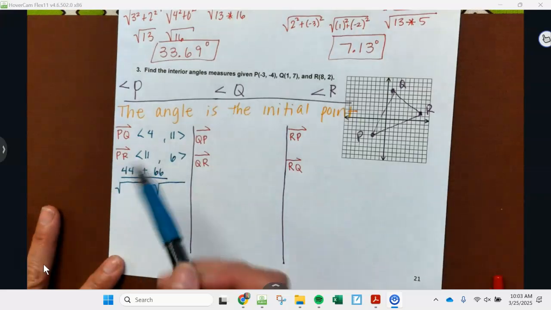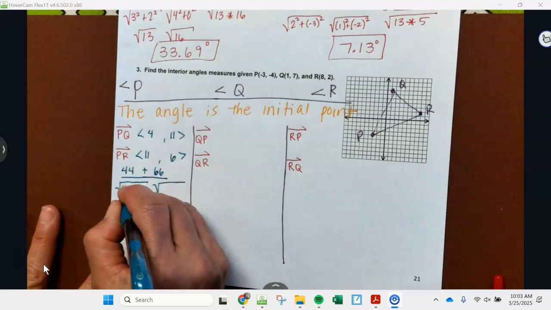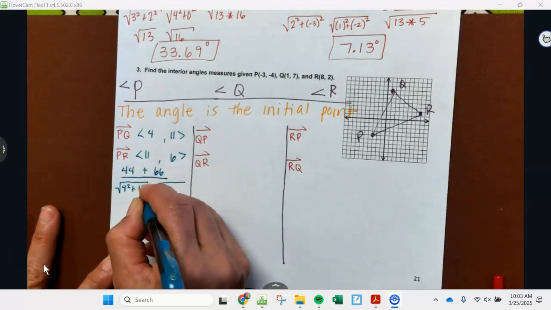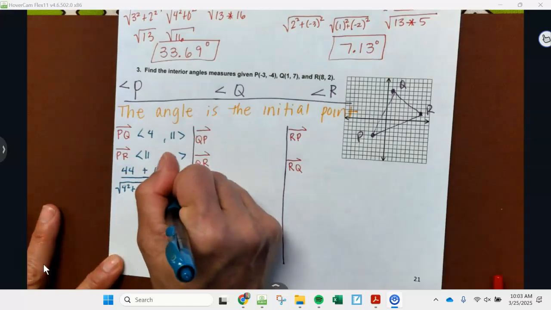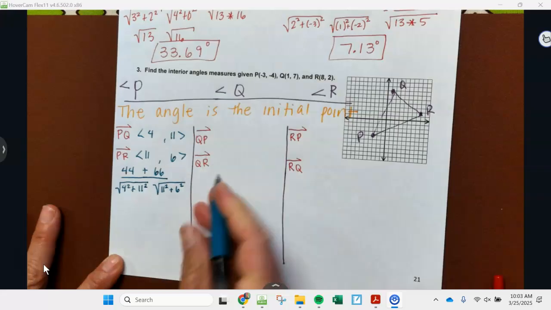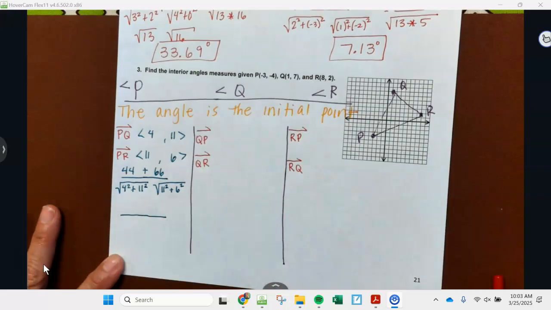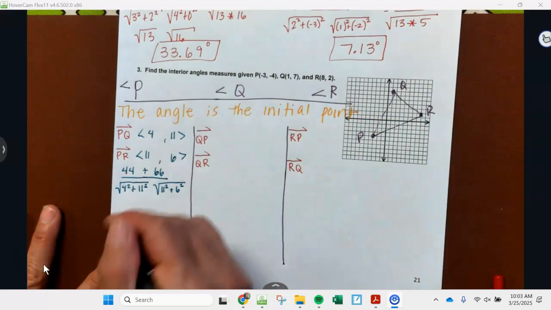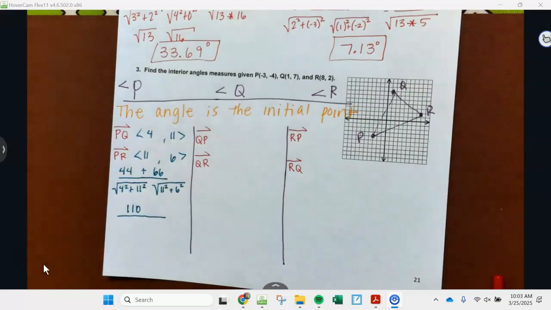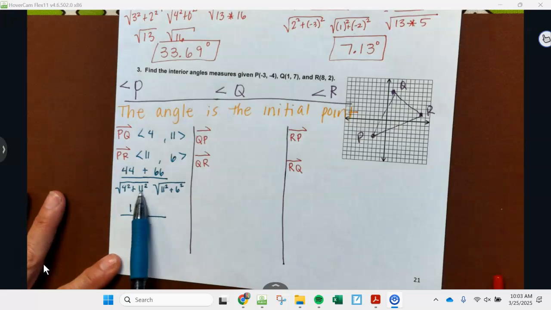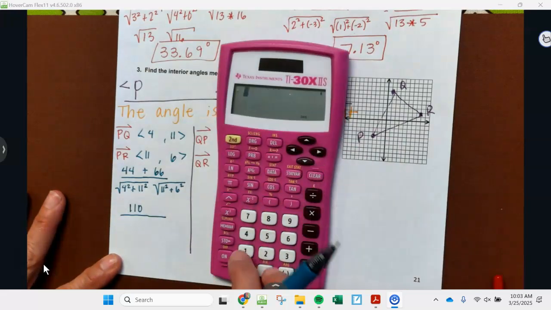Magnitude of PQ. Remember, that's going to be 4 squared plus 11 squared. Magnitude of PR is 11 squared plus 6 squared. So kind of cleaning this up a little bit, 44 plus 66, that's going to be 110. That's our numerator. And our denominator, this is 16 plus 121 under there. Let's find that out.